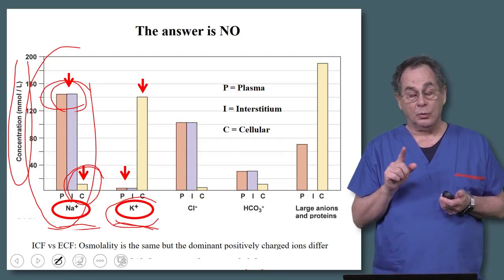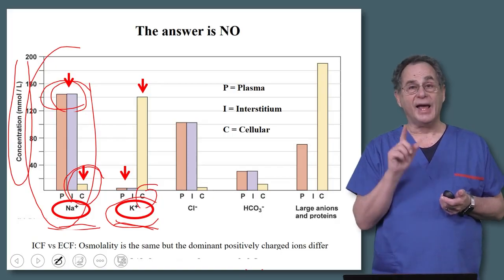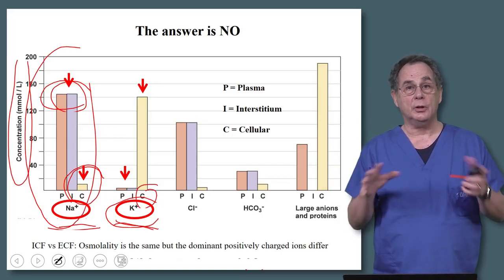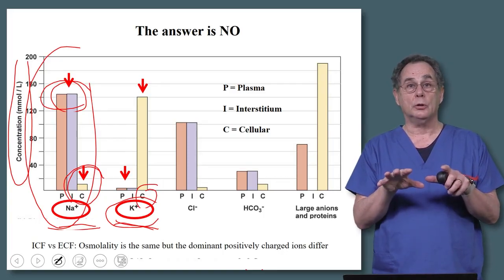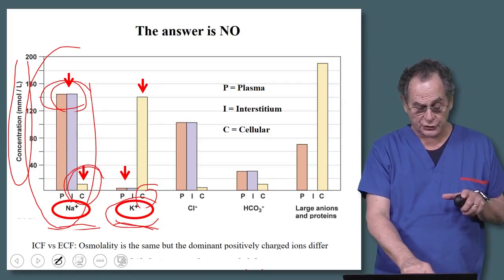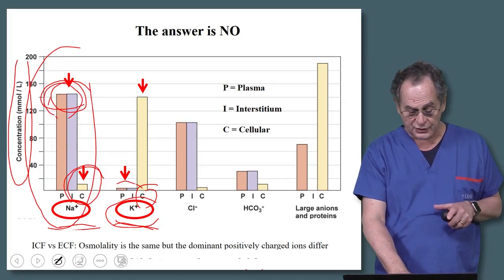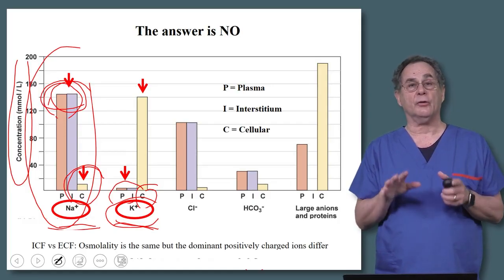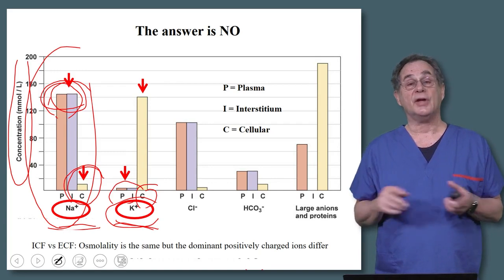So when we look in the intracellular compartment, potassium is the dominant intracellular positively charged solute, conferring osmolality. Outside the cell, it's dominantly sodium. And outside of the cell, there's very little potassium, relatively speaking.